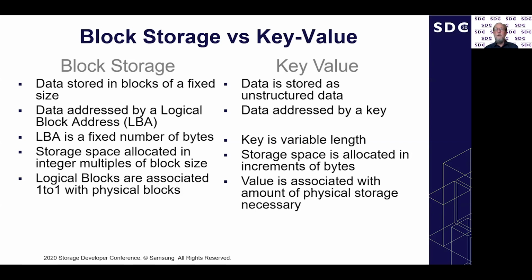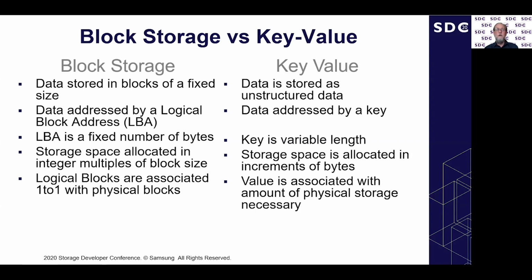If your value happens to be 32 bytes, then you allocate 32 bytes of space. That does not mean that on a key value device, you may not have some physical limitations that control how you actually allocate data, but it allows you to allocate it on whatever byte boundary your physical media is capable of allocating on.